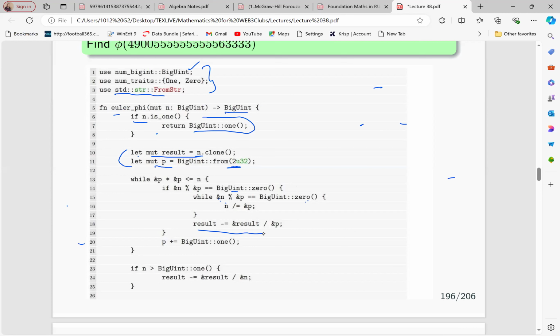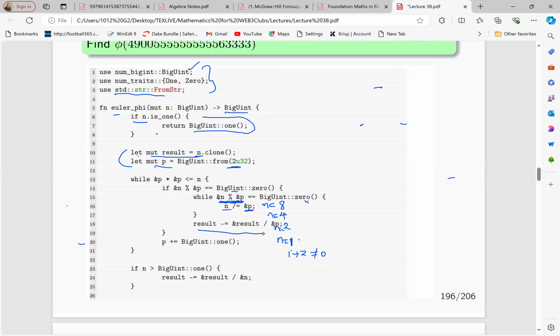Supposing it was 8 divided by 2, we get 4, divided by 2, we get 2, divided by 2, we get 1. So n changes to 4, then to 2, then to 1, and then we check here. If n on division by p gives you 0, our n is 1, so we divide this 1 by 2, and the remainder is not 0. So you now exit.